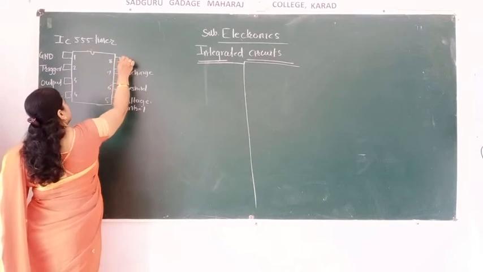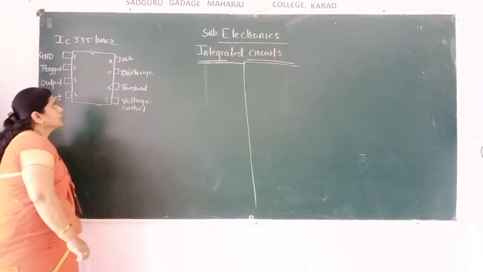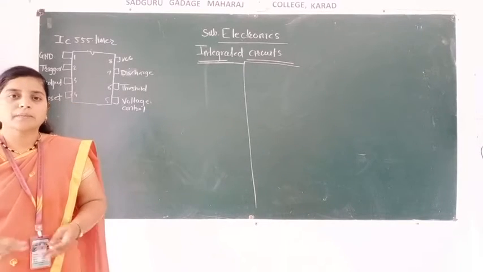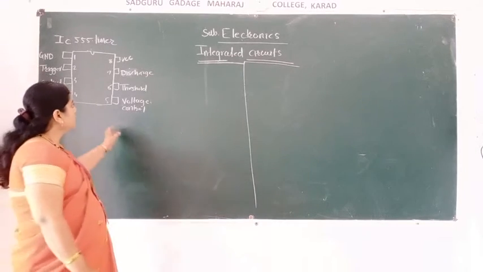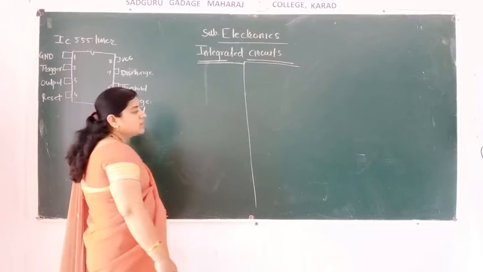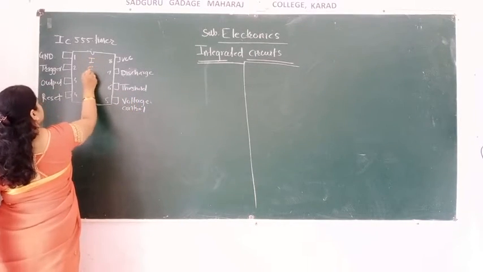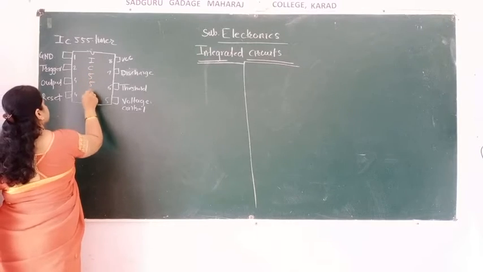And at pin number 8 we are giving the voltage supply, that is the plus VCC, that we have seen in the last lecture. It is the IC diagram of IC 555. IC means integrated circuit.